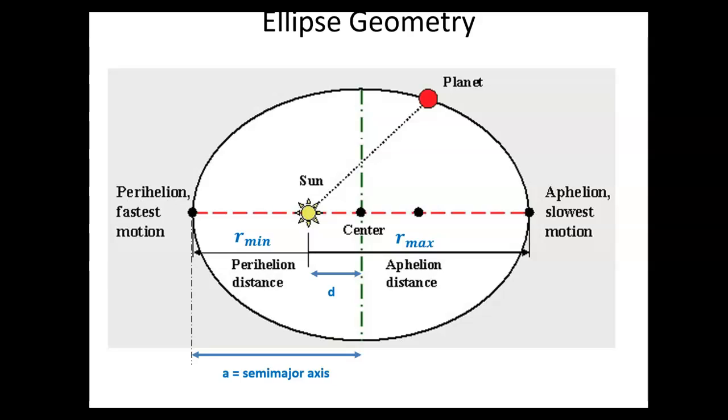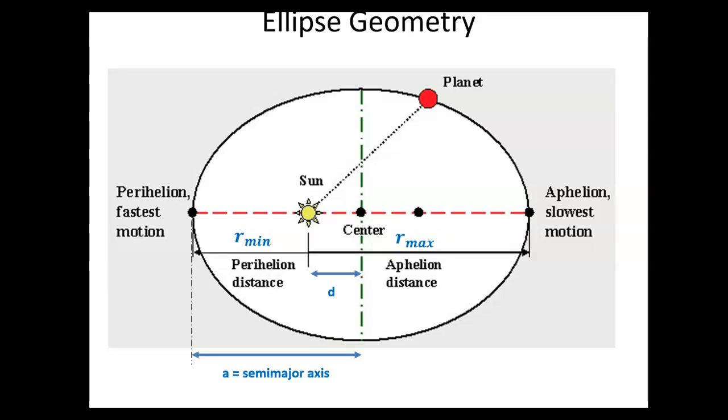Again, the planet moves around this elliptical path. When it is closest to the sun, it is at a point called perihelion, and that is where its speed is the fastest. Then it begins slowing down as it moves further away from the sun, and when it reaches the very furthest point, which is called aphelion, it has its slowest speed in its orbit.